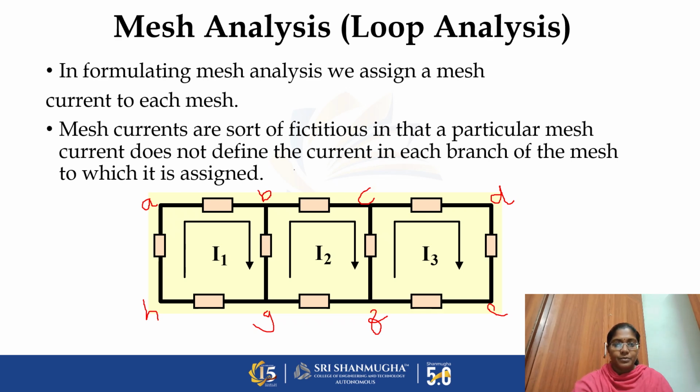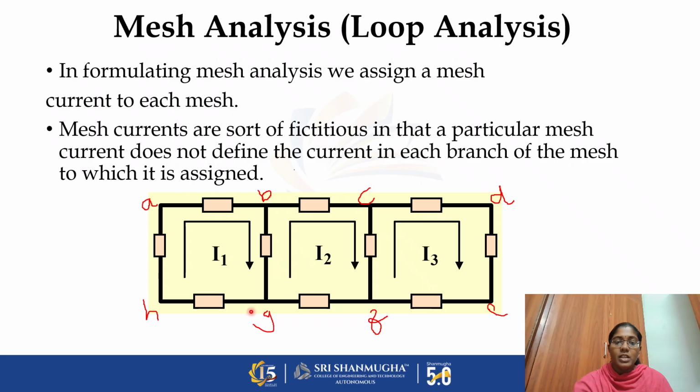So look at the circuit here. We can see the closed path A, B, G, H. It is a closed path. Then you can see the closed path A, B, C, F, G, H. It is also a closed path. So what is the difference between these two?